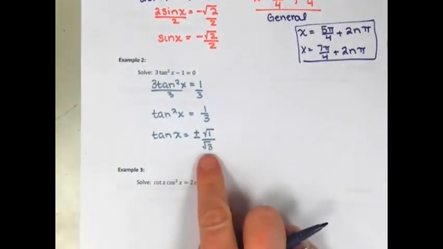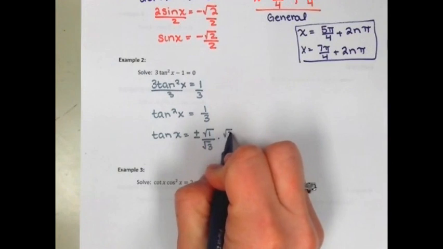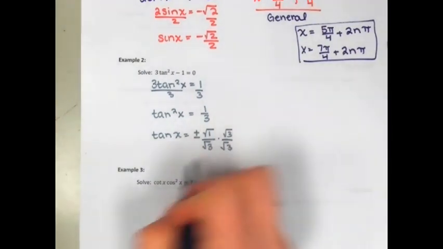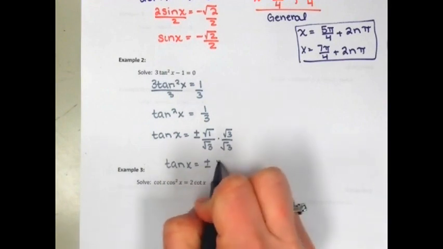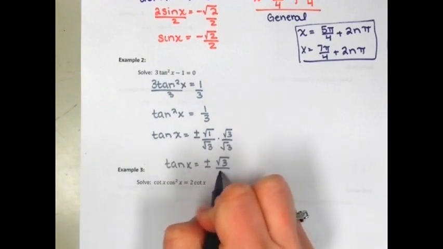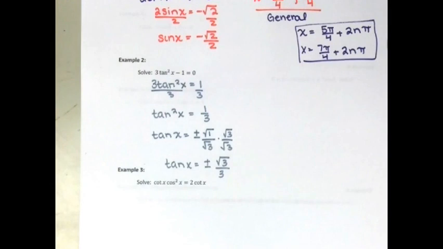Can I have the square root in the denominator? No. So we would rationalize it, right? So the tangent of x is going to equal plus or minus the square root of 3 over 3.